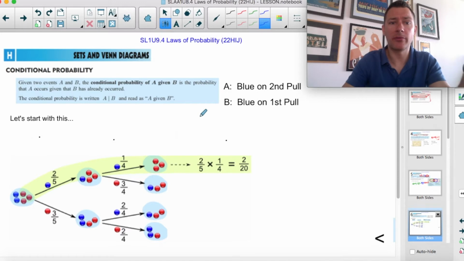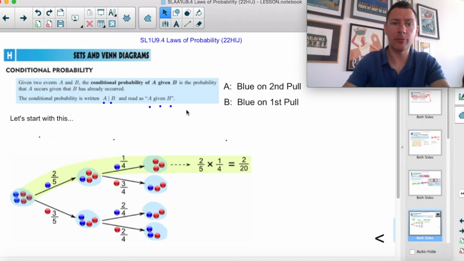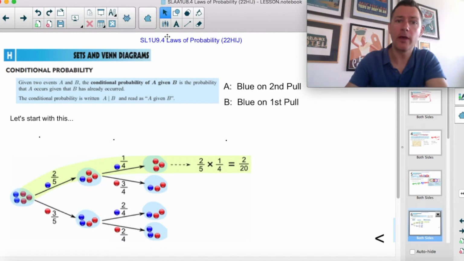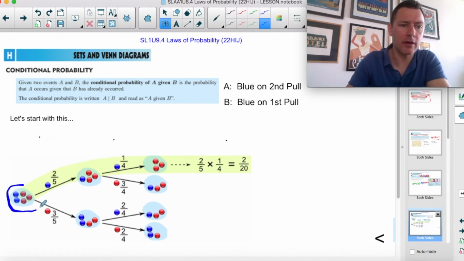We've got combined events. In conditional probability, you need to have one thing given that a second one has occurred. So conditional probability is A given B. It means that I know that B has already happened, and so let's figure out the probability of something else happening. So here's a scenario. You have blue and red marbles in a bag, and you pull one out, discard it, pull one out, discard it.